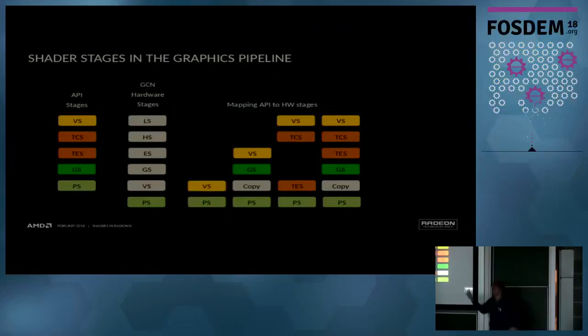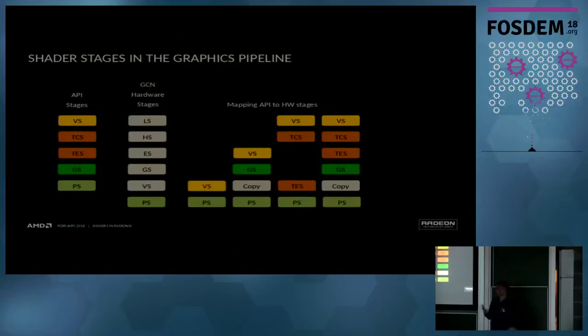Now, in our hardware, the stages that we have actually look like the next column. So at the bottom, you see vertex shader and pixel shader. And above, you see geometry shader is familiar, but you see these other names that are kind of weird. And so what happens is that the API shader gets mapped to the proper hardware stage as illustrated by the next columns.